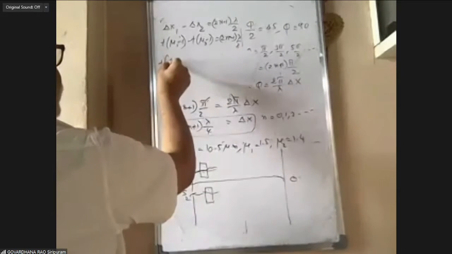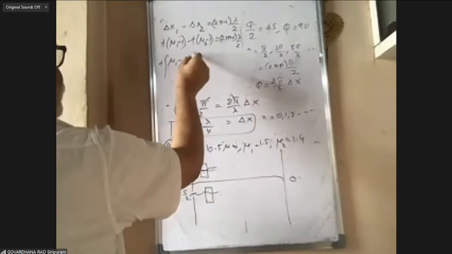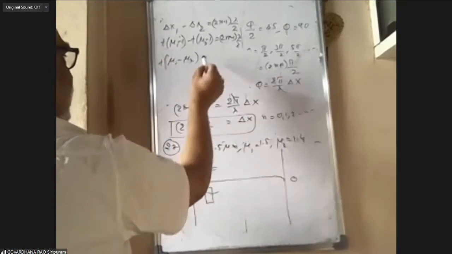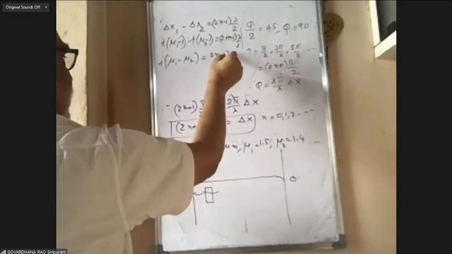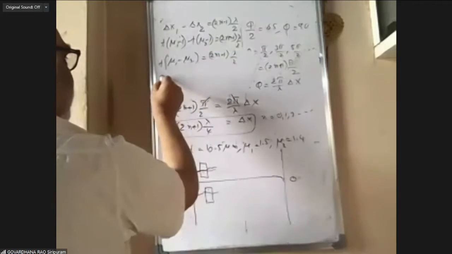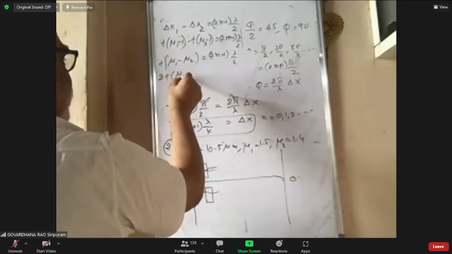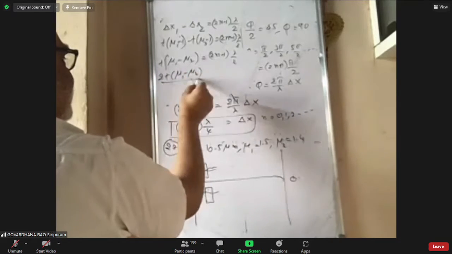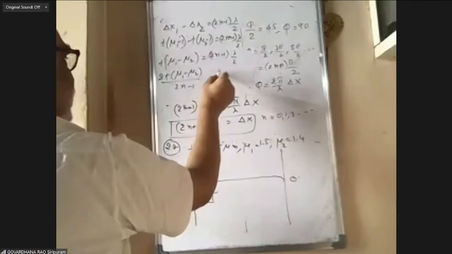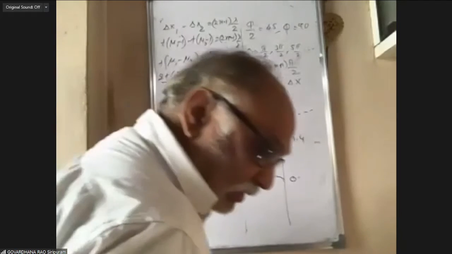So t into (mu1 minus mu2) equals (2n minus 1) lambda by 2. So 2t (mu1 minus mu2) by (2n minus 1) equals lambda. Right?